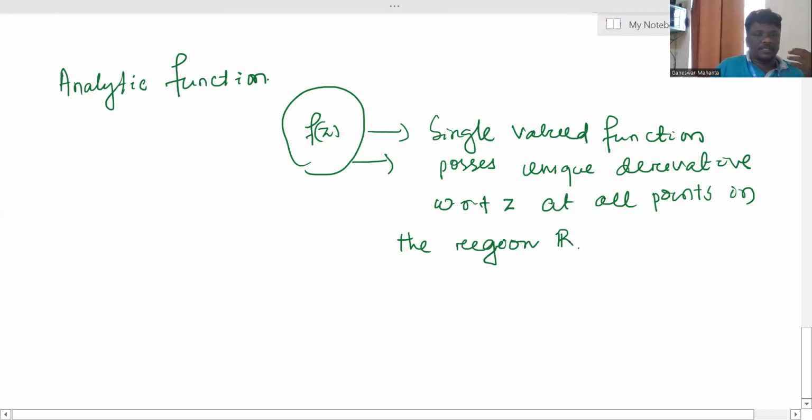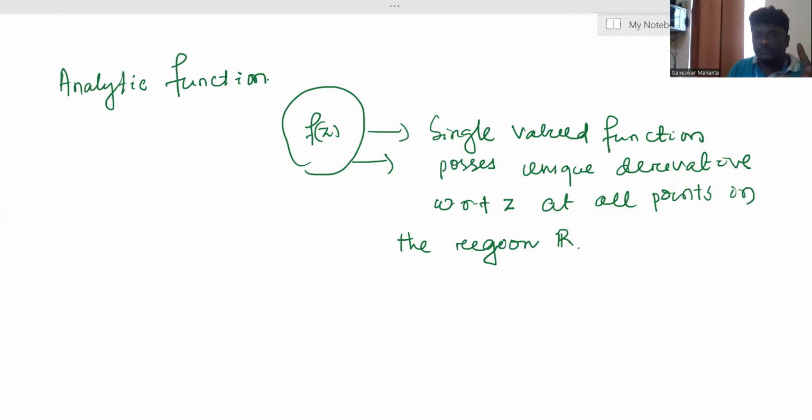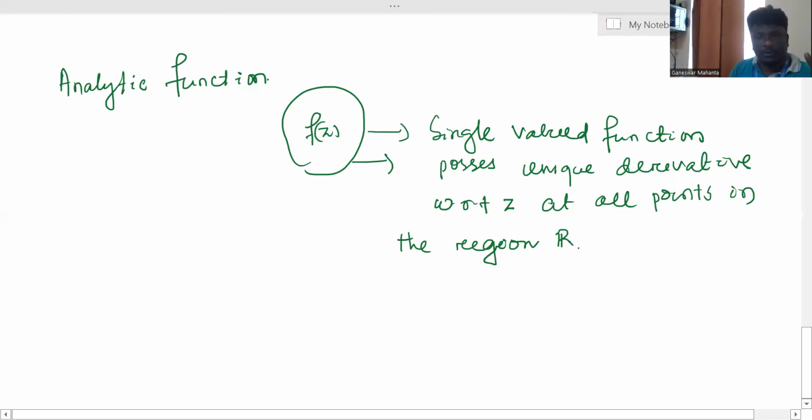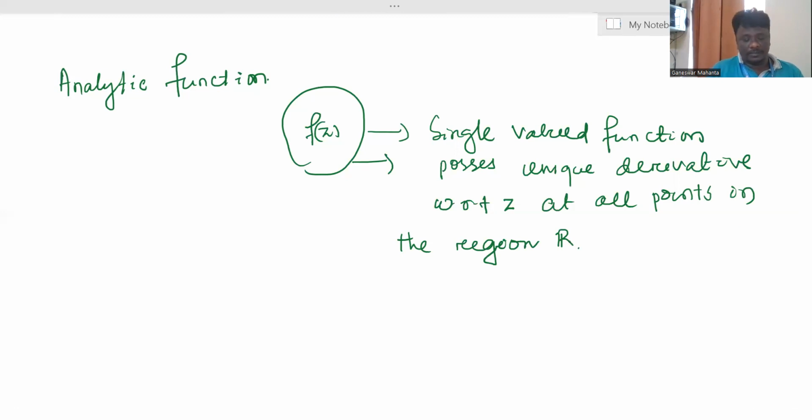Analytic functions are basically defined as a single valued function that possesses a unique derivative with respect to z at all points in the region R. This is called an analytic function.